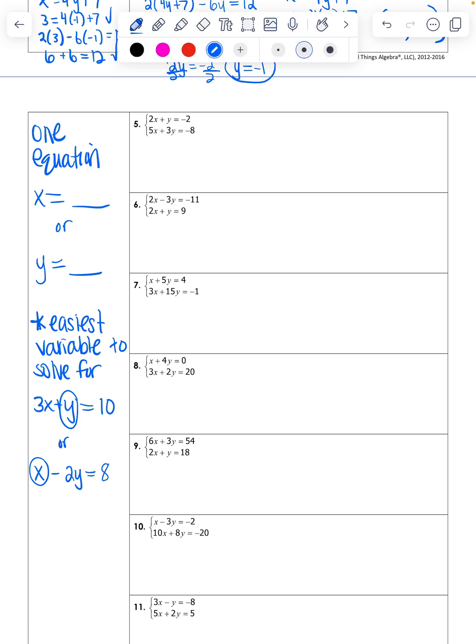For example, for number 5, if I decided to solve 2x plus y equals -2 for x, I would have to subtract y from both sides. I would get 2x equals -2 minus y, or -y minus 2. And then when I divide everything by 2, I'm going to get -1 here, which is fine.